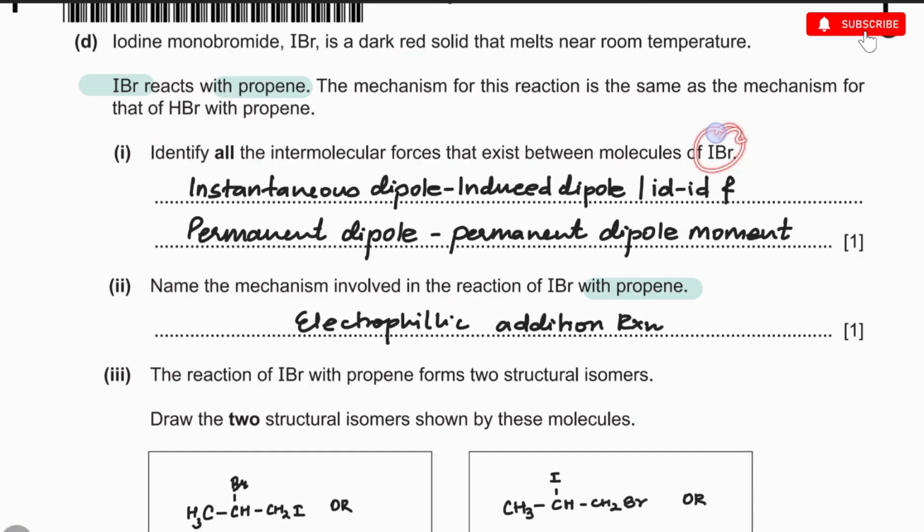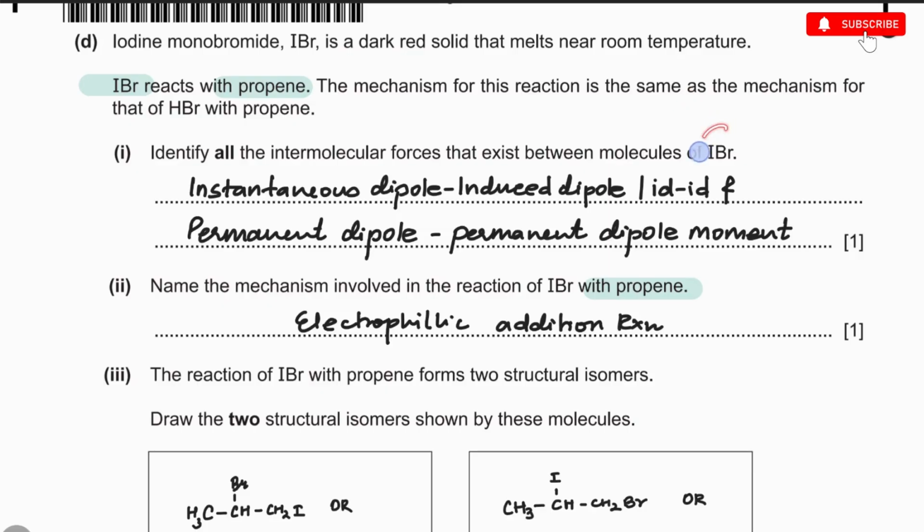Now when I talk about IBr, I'm talking about a covalent molecule, right? Any covalent structure is for sure going to have ID-ID and possibly permanent dipole interactions, depending on what we are taking. ID-ID is called instantaneous dipole-induced dipole. Any covalent molecule will have ID-ID intermolecular forces.